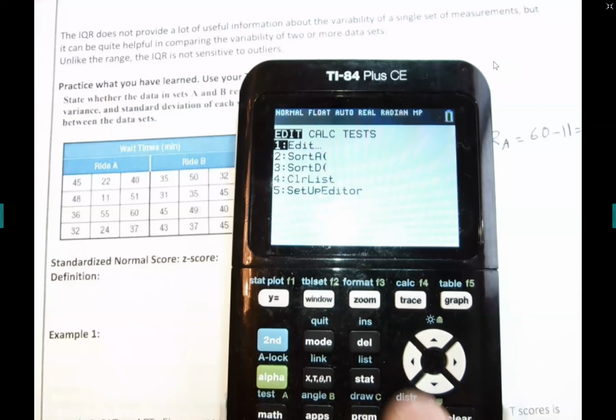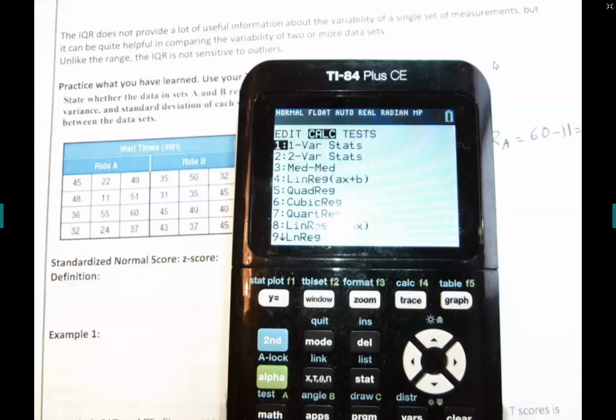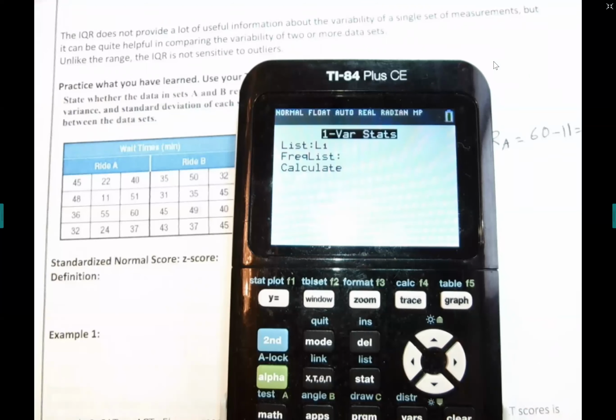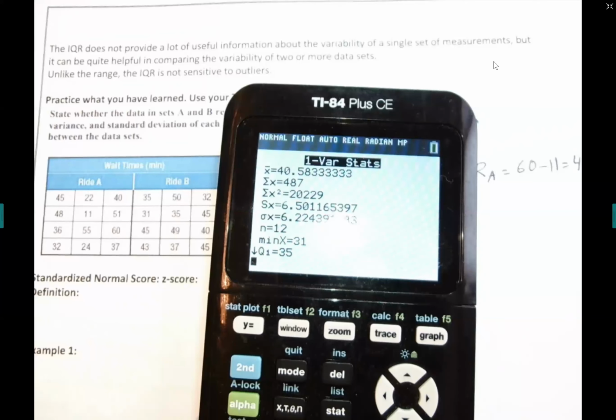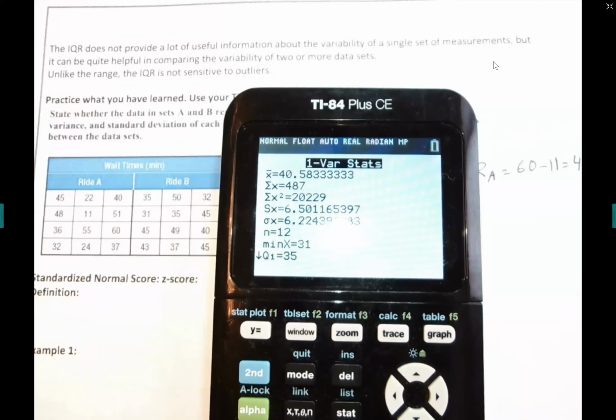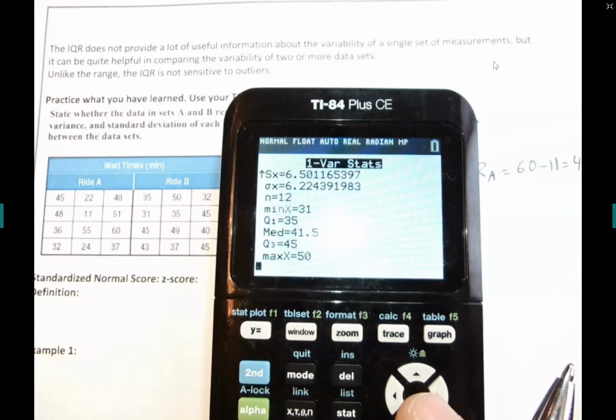Next, ride B. Go to stat, calc, one variable statistics. And my data is not in L1, guys, now. It's in L2. So we're going to do L2, second and number 2. Okay, my S is 6.5, not sigma. That would be a wrong answer if we put sigma, although they're close. 6.5. And my minimum is 31 and my maximum is 50.